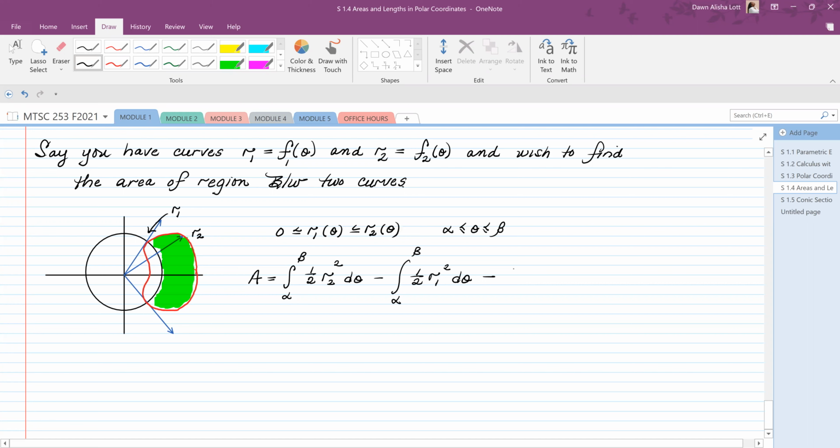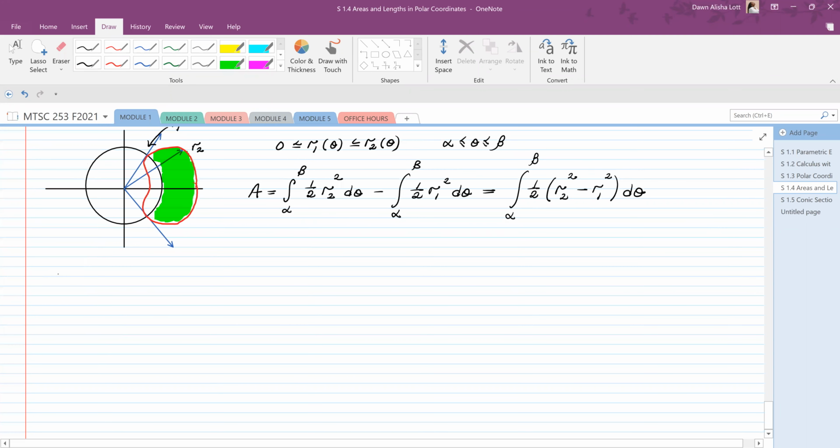And that becomes the integral from alpha to beta of 1/2 of R2 squared minus R1 squared d theta. So here's an example.